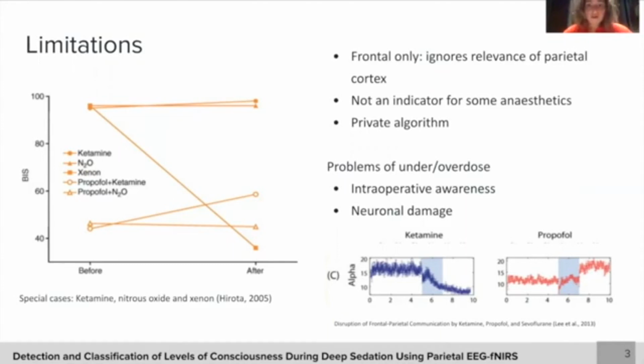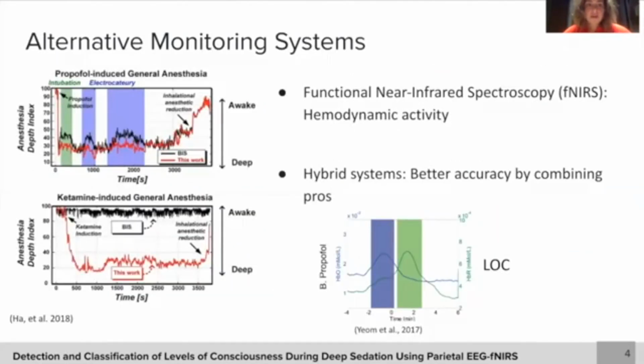And with an overdose, there can be neuronal damage, because even though anesthetics are deemed safe for human use, they're still neurotoxic. This is especially problematic for vulnerable populations, such as people that already have neural damage, or the elderly.